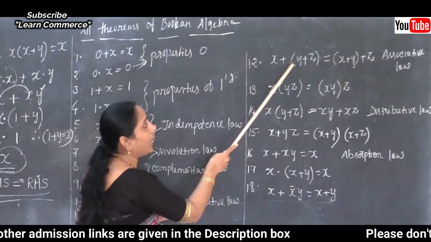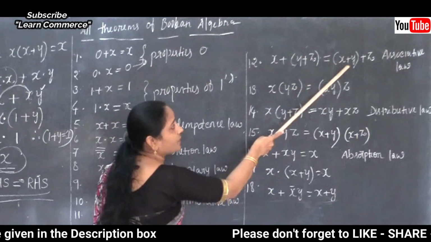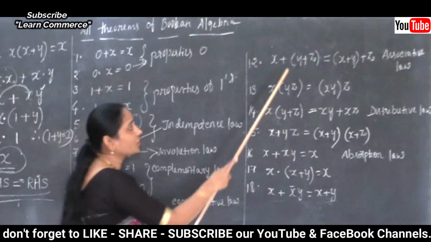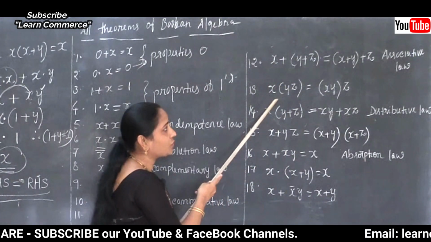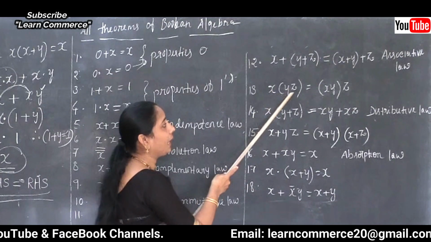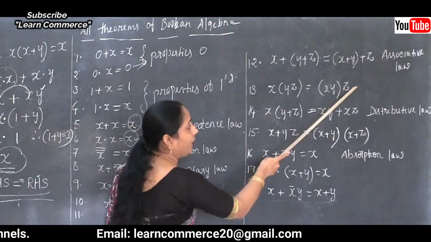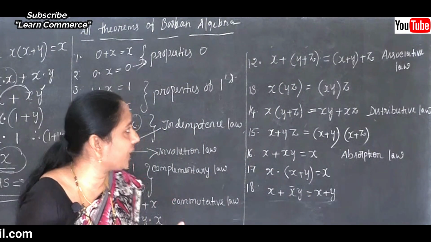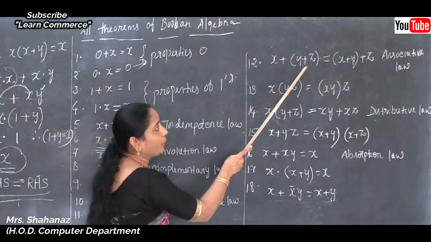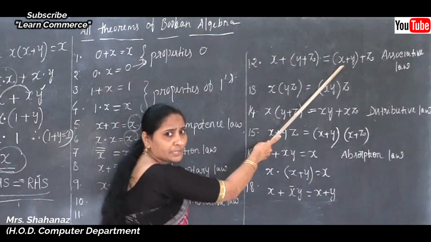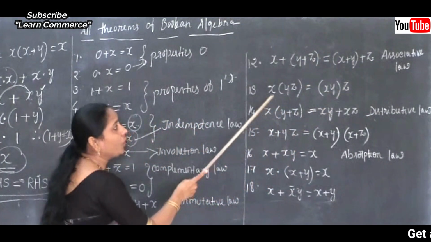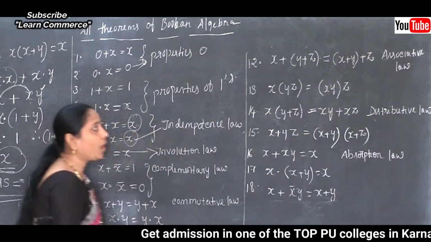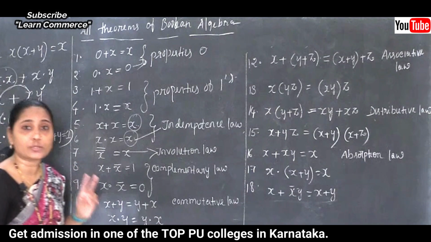So x plus (y plus z) is equal to (x plus y) plus z. This law comes under the associative law. The next associative law is x and (y and z) is equal to (x and y) and z. We already proved this one. So these two important laws are called the associative law here.